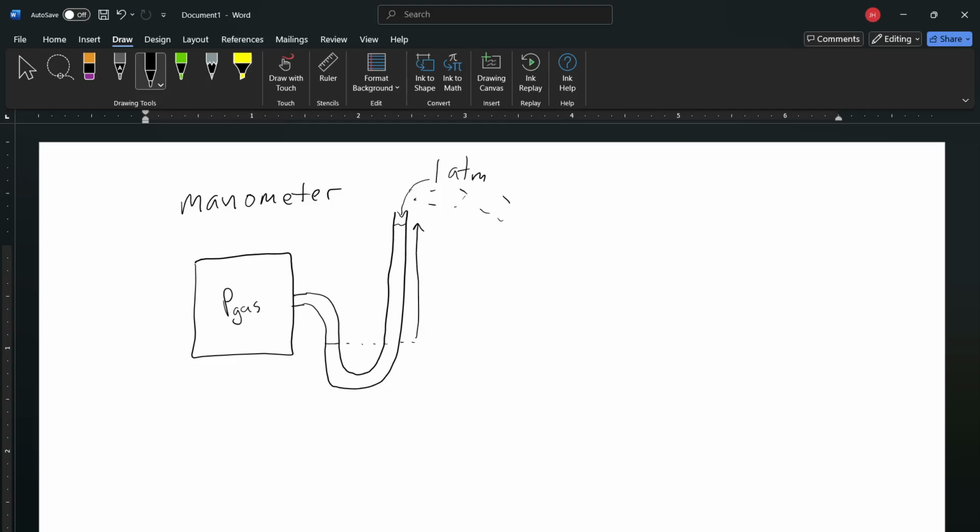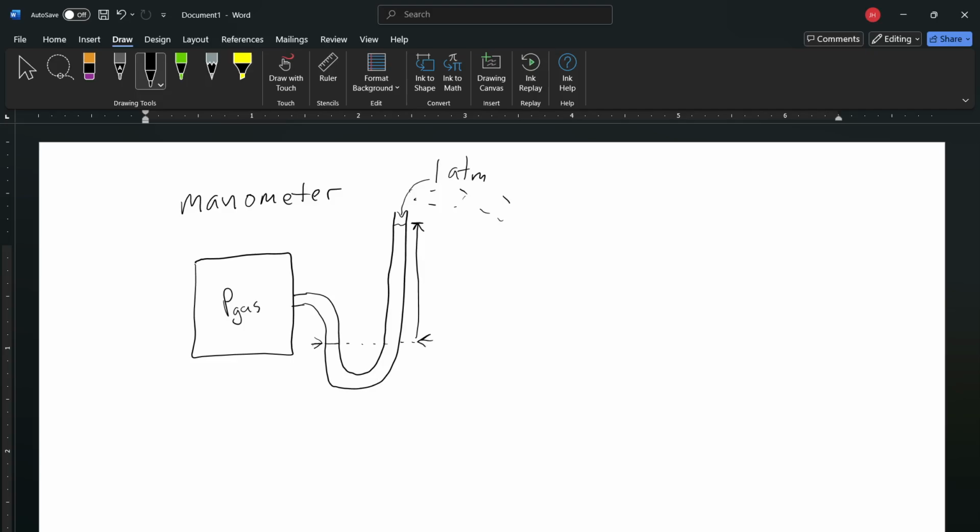Okay. So the difference in pressure is going to be from the hydrostatic pressure in this column, which is the difference from the top of the opening to where the other side ends. Because we know that the pressure right here is the same as the pressure right here.